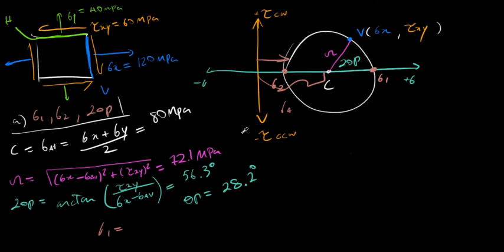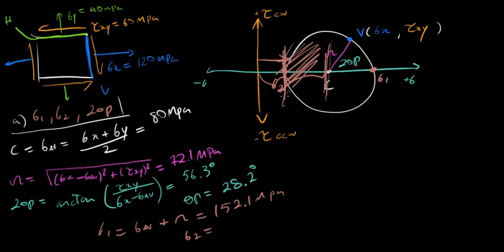How do we find that? Well, that is just sigma average, which is the center, plus the radius, which if you do the math, you get 152.1 megapascals. And sigma 2: if you go from here to the center, that's just sigma average, and if you remove that area, you get this, which is what we were looking for.